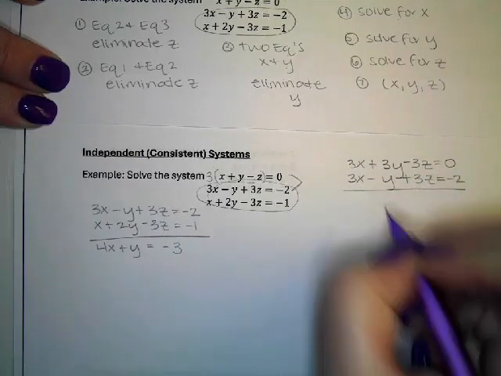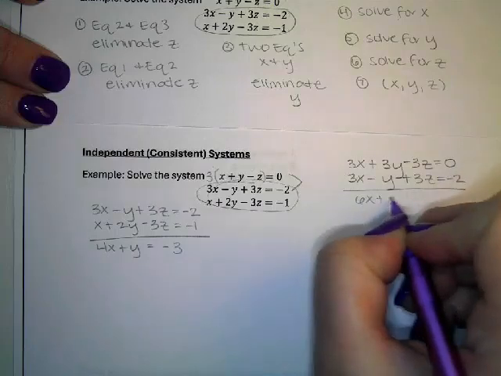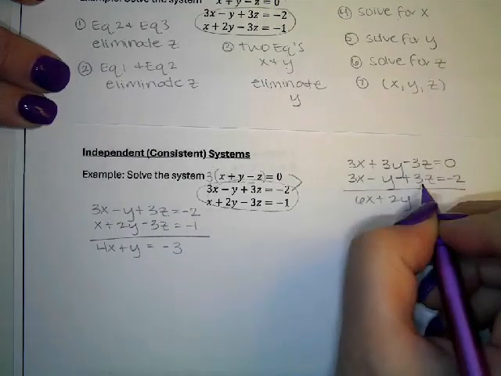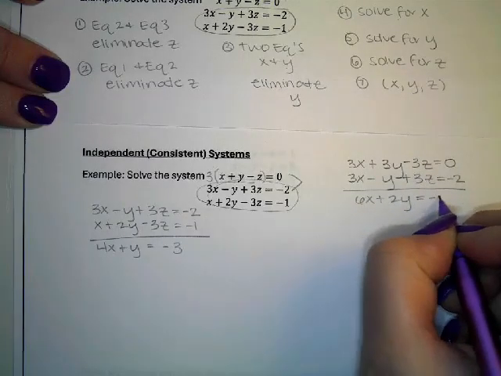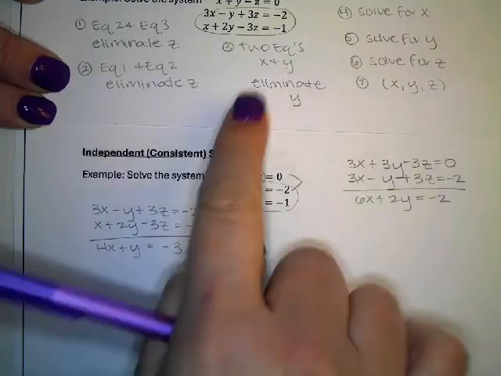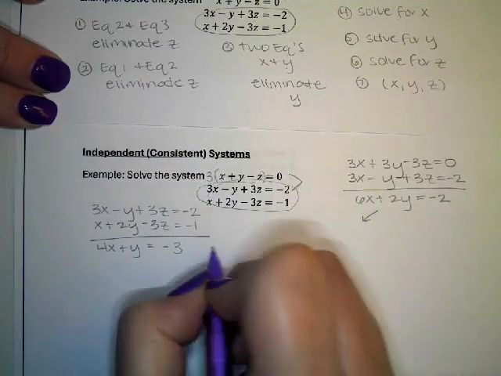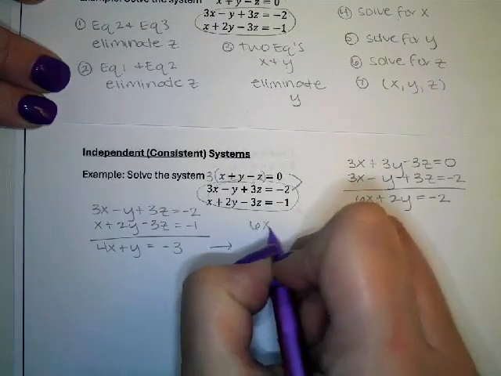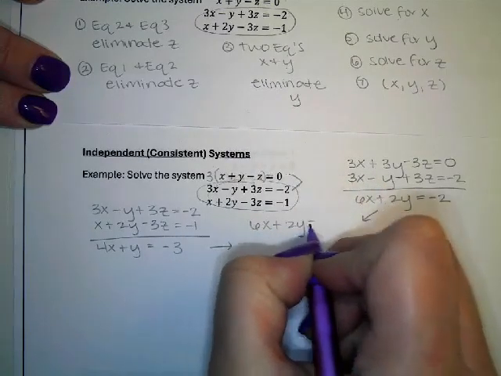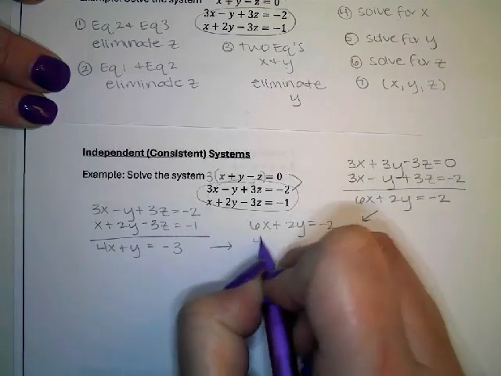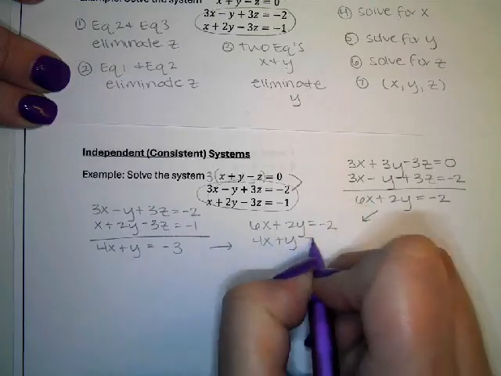So 6x plus 2y, the z's have eliminated, equals negative 2. Now I have two equations and two variables, so I'm just going to bring these two together: 6x plus 2y equals negative 2, 4x plus y equals negative 3.